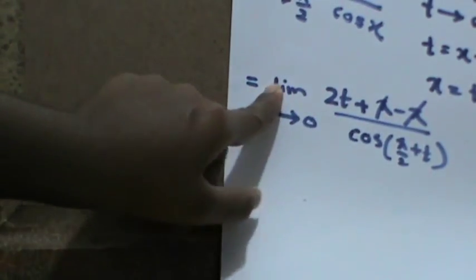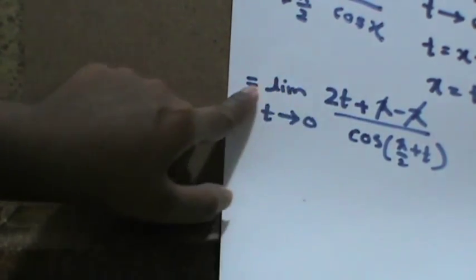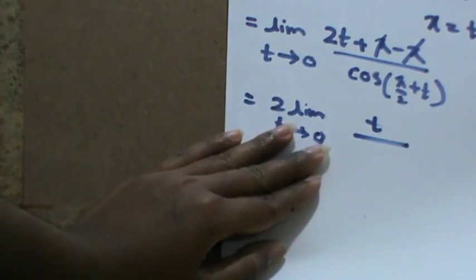So this 5 and this 5 cancel, right? What remains here is 2t. I can take this 2 out of here, because you know that you can take a constant out of the limit. So this is equal to 2 times the limit when t goes to 0 of t divided by cos 5 by 2 plus t.